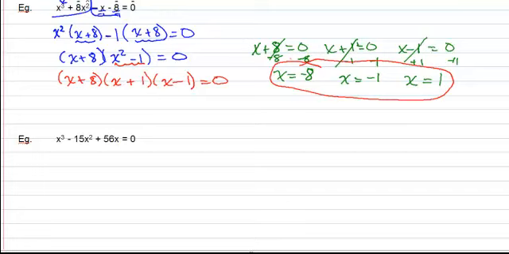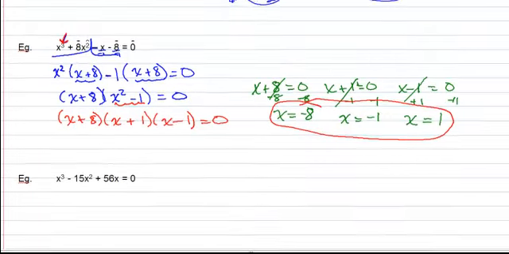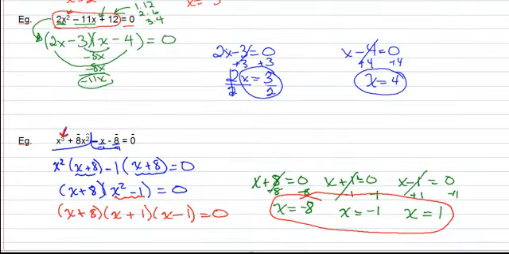So one of the things that I really want you to take note of is, here we see that we've got a 3 exponent. On the ones that we just did, here I had a 2 exponent. When I had that 2 exponent, I had 2 solutions. Now that I've got a 3 exponent, 1, 2, 3 solutions.